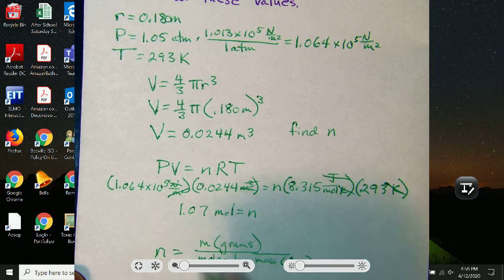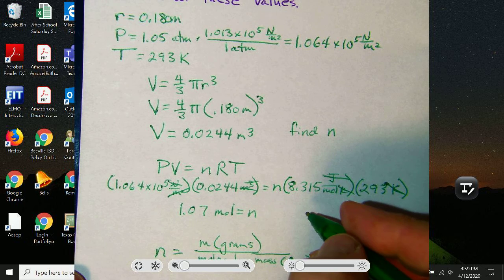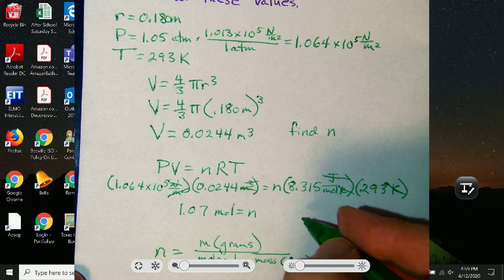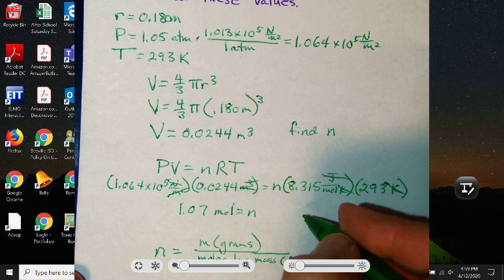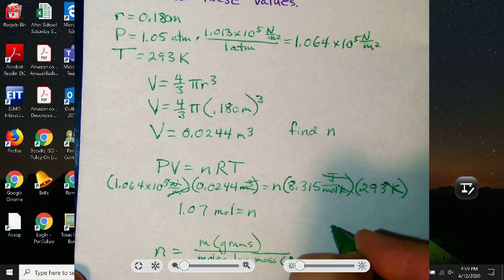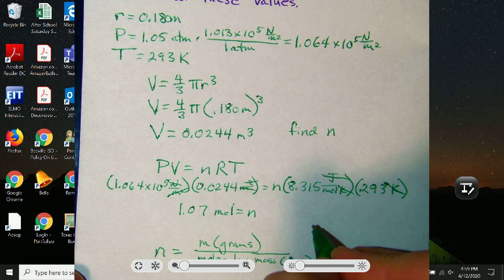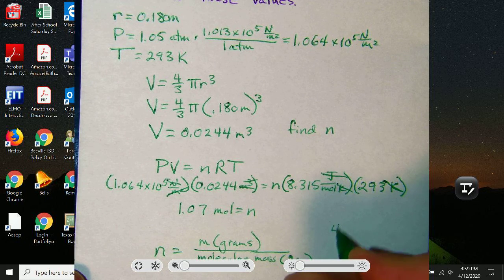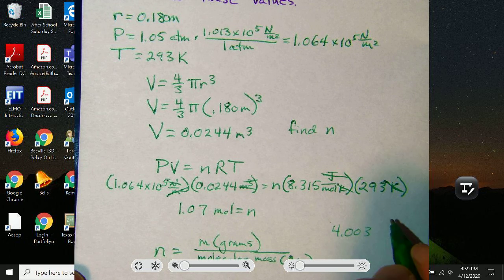Okay. Helium is a noble gas, and so you find it as a single atom. So it's just a single helium atom. The atomic mass for helium is 4.003 grams per mole.